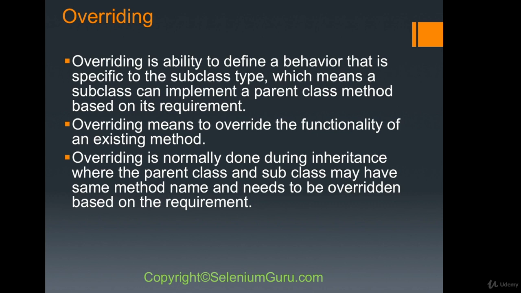Now, if you read all these points, it's kind of similar to polymorphism, right? There's a lot of debate going on in Java right now. Some people say that overriding and overloading, which we're going to talk about next lecture, are forms of polymorphism, which some people argue about. They're saying that overriding and overloading are different from polymorphism. In my opinion, they are a little bit different because polymorphism is where you are overriding the methods at runtime.